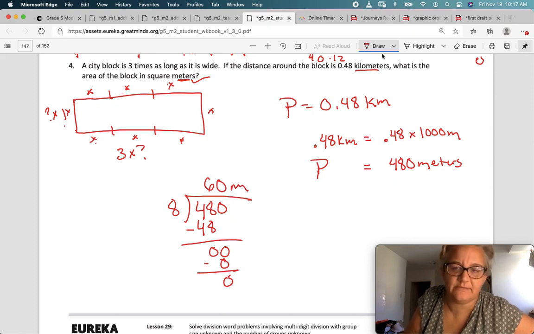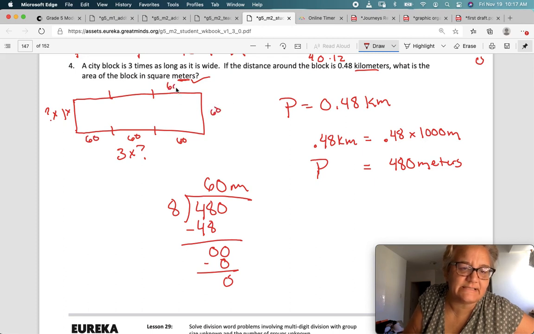Okay, good. Now I'm going to erase all these little marks that I made because that was just me thinking out loud. Now, if this is 60, and this is 60, and this is 60, and this is 60, and this is 60, all right?